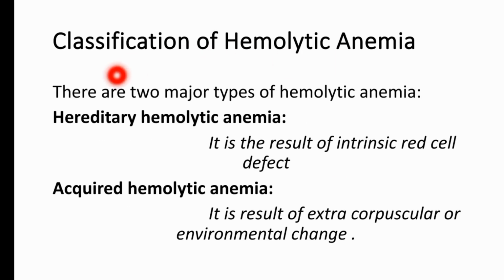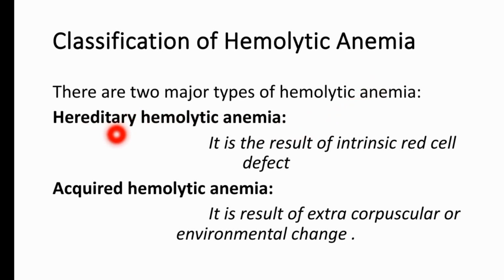We have the classification here. There are two major types, the hereditary and acquired. The hereditary means simply an intrinsic red blood cell defect, meaning there is some kind of mutation in the chromosomes, in our genes. Because of these mutations, we have an intrinsic red blood cell defect. It may be any kind of defect in red blood cell structure, like the case with hereditary spherocytosis, in which there is a defect of red blood cell structure, and because of that defect, the red blood cells, when passed through the spleen, get ruptured, and the hemolysis of red blood cells begins.